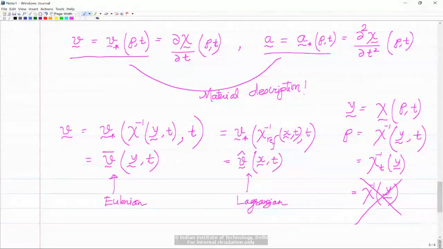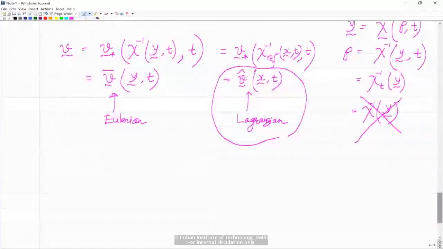And again, understand that when you write this Lagrangian description of velocity, it does not mean that it is the velocity of the particle in the reference configuration. It is not that. It is the velocity of the particle still in the current configuration, but expressed in terms of the Lagrangian coordinate or the referential coordinate. Okay?